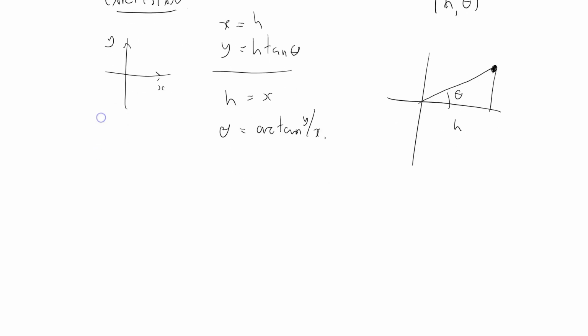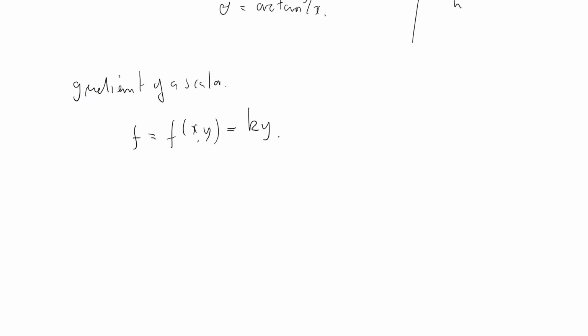Okay, so let me talk first about a covariant vector, and what I'm going to talk about is the gradient of a scalar, and that scalar is just going to be f, which equals f of x comma y equals k times y. So maybe that's temperature or something.